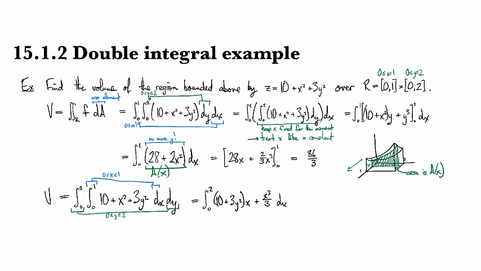And this is going to be dx. And so then if I integrate that with respect to y, oh, sorry, I skipped a step here. I have to evaluate this from 0 to 1. Sorry about that. And so when I do that, I get the integral from 0 to 2 of 31 over 3 plus 3y squared dy.